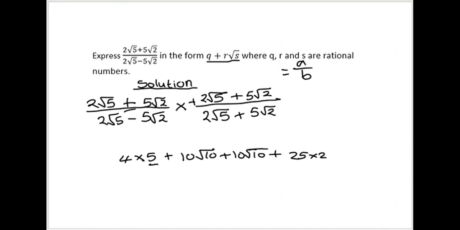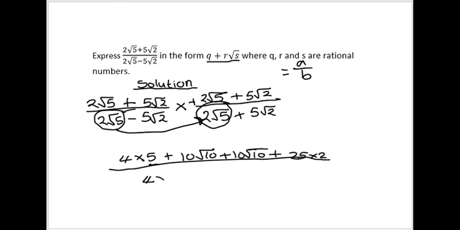Next, I work on my denominator. So I have 2 root 5 times 2 root 5. That's going to be 4 times 5, because 2 times 2 is 4, root 5 times root 5 is 5.